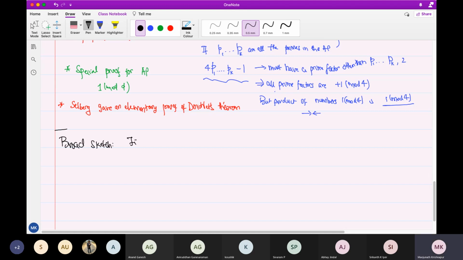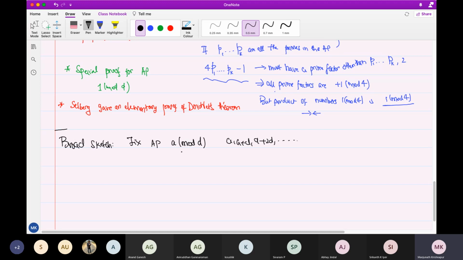So let me fix notation for now. What is my arithmetic progression, which is A mod D. So this is A, A plus D, A plus 2D, and so on. So let me fix this notation, otherwise I'll keep switching many times. So let us consider this.